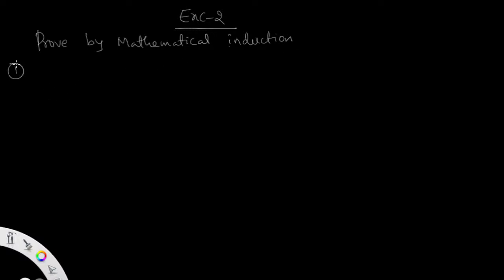First question: 1 into 2 into 3, plus 2 into 3 into 4, plus 3 into 4 into 5, and so on up to n terms. The summation equals n into n plus 1 into n plus 2 into n plus 3 divided by 4.